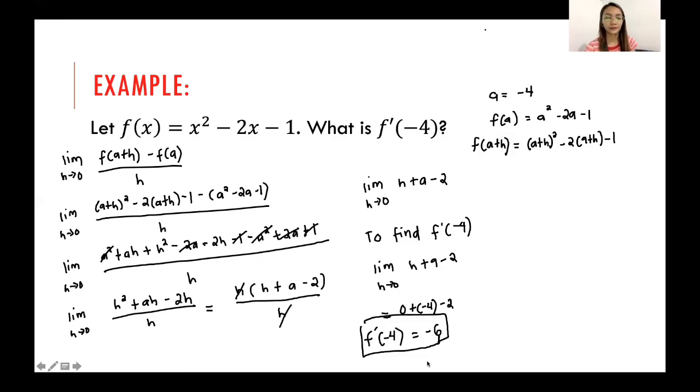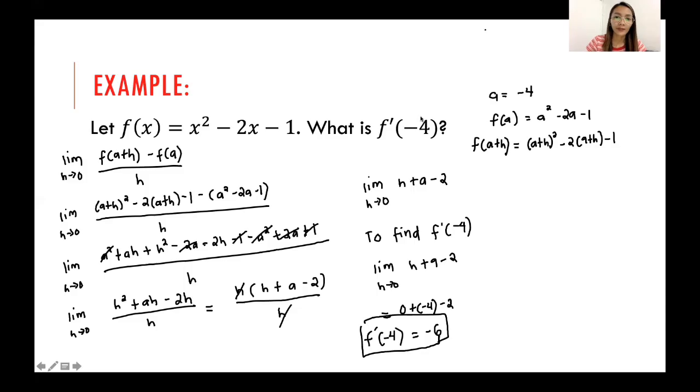Okay, so that's how you find the derivative of a function. Okay, so say for example, meron kayong given na ganito, what is f prime of negative 4? So, automatically, kung ano yung nasa loob ng derivative, okay, yan na yung a.